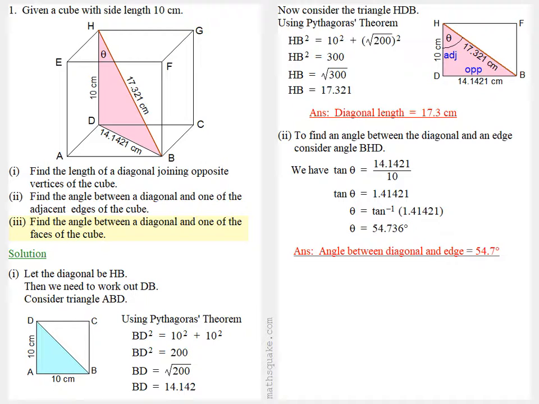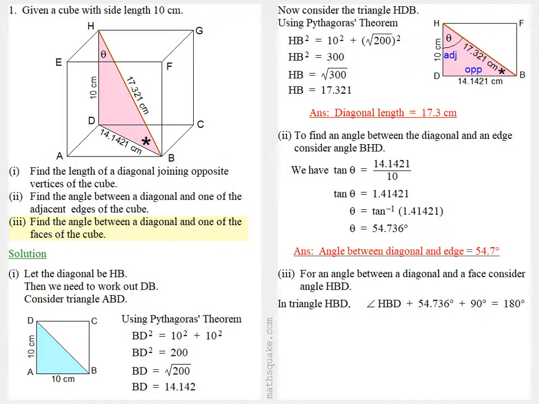Now for part 3, we want to find the angle between a diagonal and one of the faces of the cube. So for an angle between a diagonal and a face, consider the angle HBD. Now in triangle HBD, the angle HBD plus 54.736 degrees plus 90 degrees is equal to 180 degrees, angle sum of triangle.